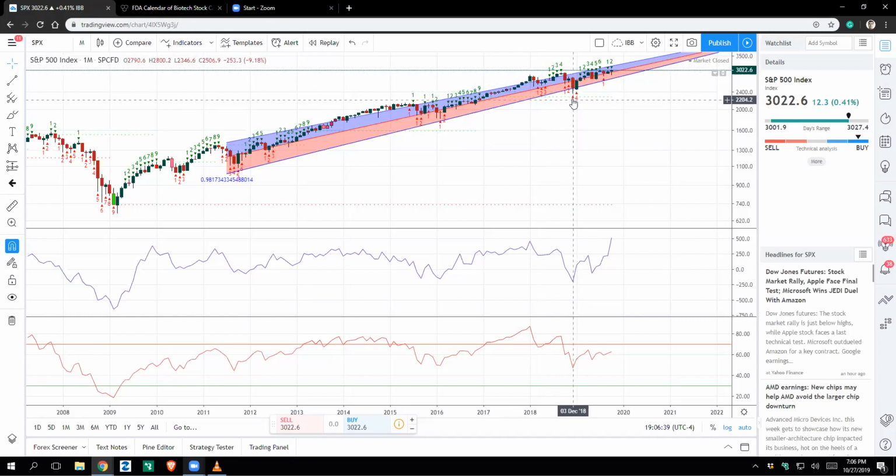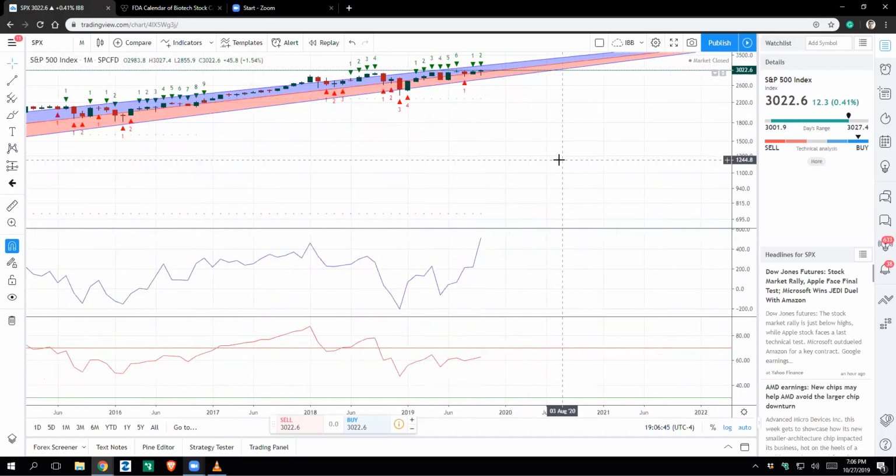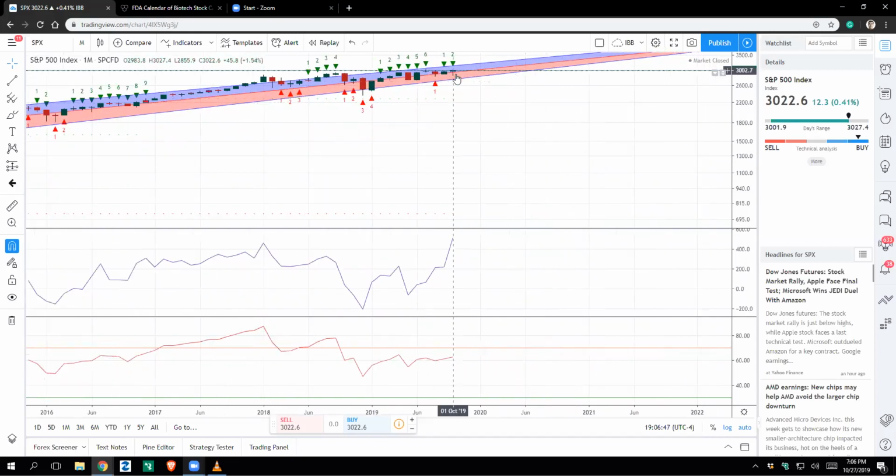This was a big correction, went below the lower channel, rebounded back, and then here this seems to be somewhere in the middle. And here the upper border, even on a long-term monthly time frame, is around 3,200 or so.